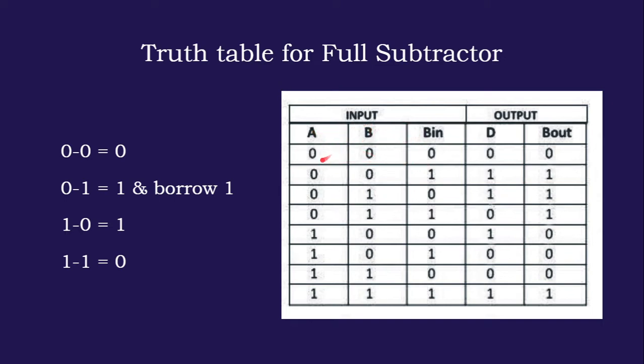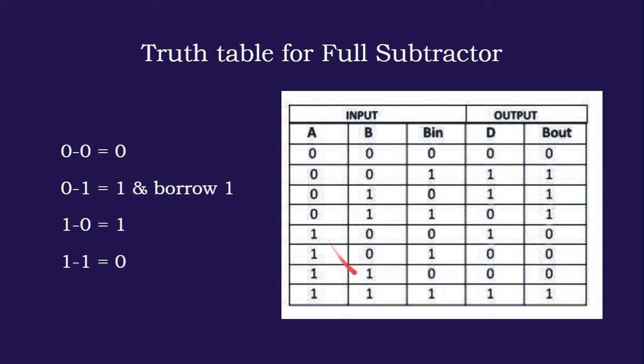For that we write the binary equivalents of the numbers from 0 to 7, which are 000, 001, 010, 011, 100, 101, 110 and 111. These are the binary values of 0, 1, 2, 3, 4, 5, 6 and 7.